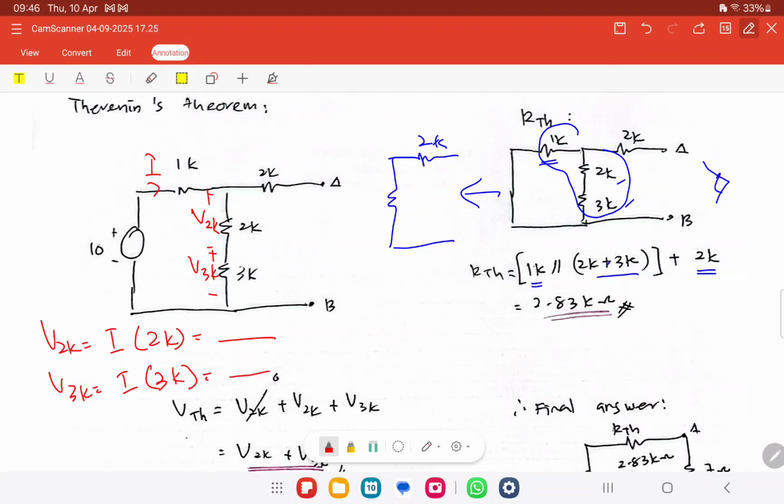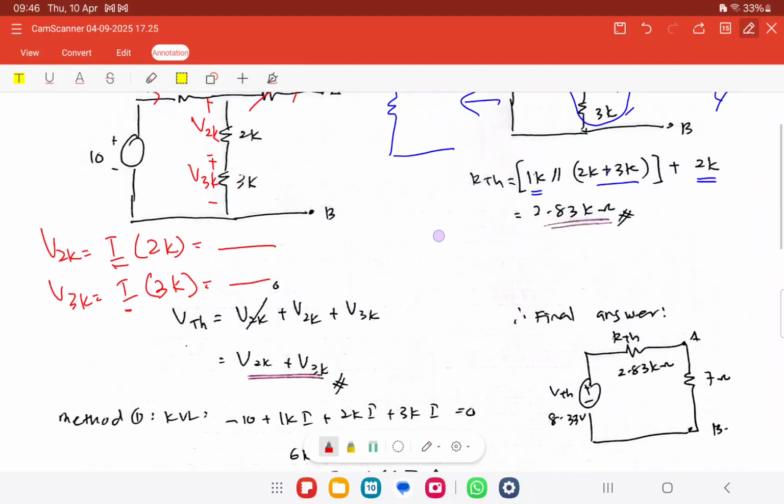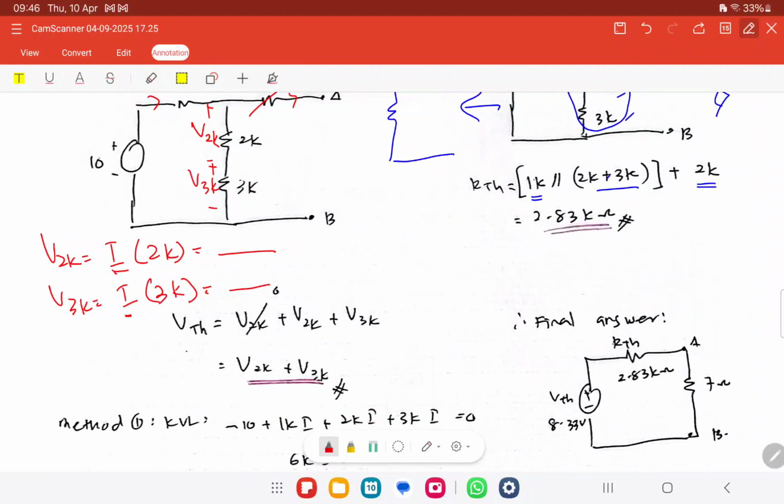Why it is still carry the same I? Because bukan yang ini je lah I dia 0. This one here, kenapa I dia sama? V2K dengan V3K, why the I is sama? Series. Okay, series circuit. So you just get the value for VTH.